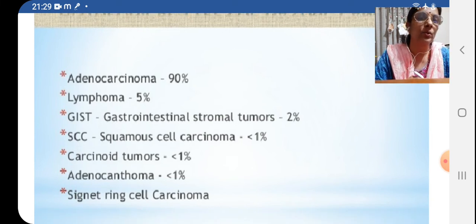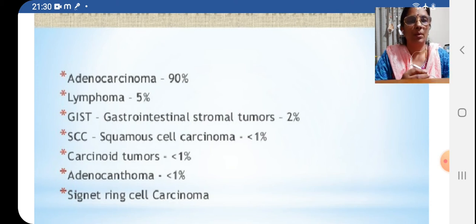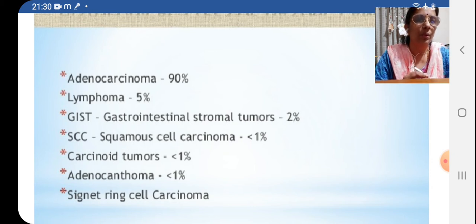Signet ring cell carcinoma is the most malignant form of adenocarcinoma. It is a very malignant variety of adenocarcinoma that is called signet ring cell carcinoma. So the common carcinoma of the stomach is adenocarcinoma.